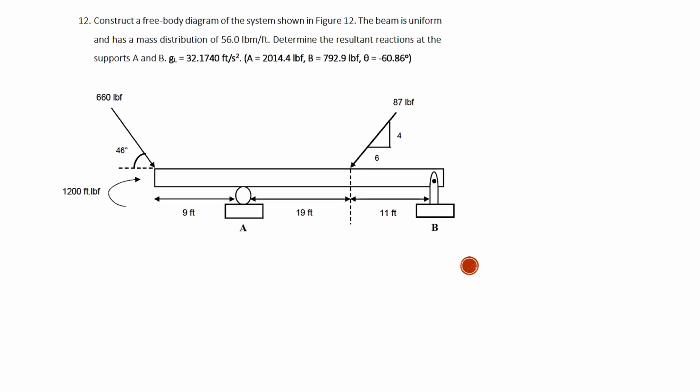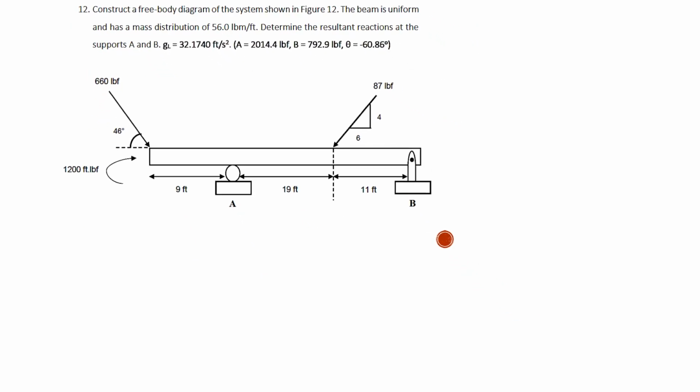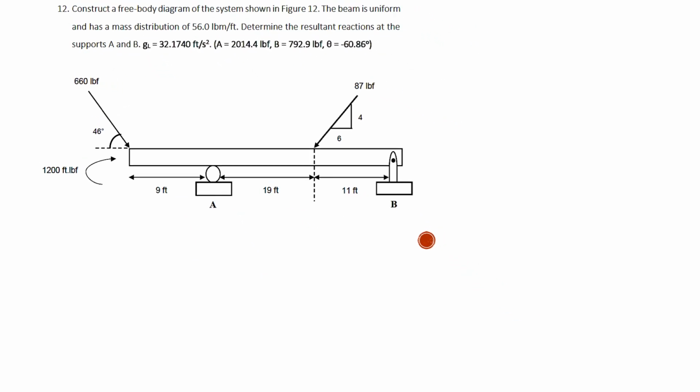Okay, so let's proceed with the next one. This one is quite different from the previous 2 questions that I showed you before. In this question, you have this thing we call 1200 feet lbf. What does it mean?